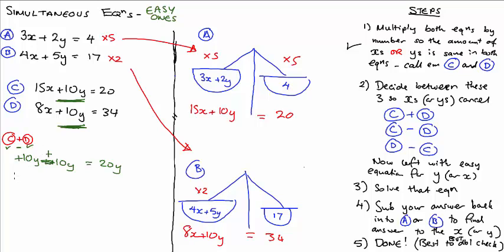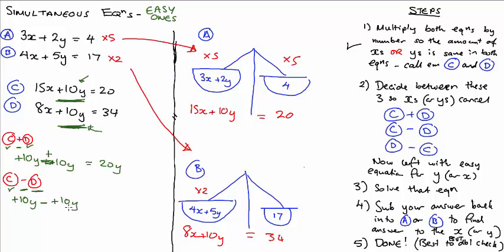Now, if we instead take C minus D, and again we're just looking at the y's, and I'll show you what happens with the full equations, but just follow me. With C, we've got plus 10y's. Now we're taking away the amount in D, which is again plus 10y's.